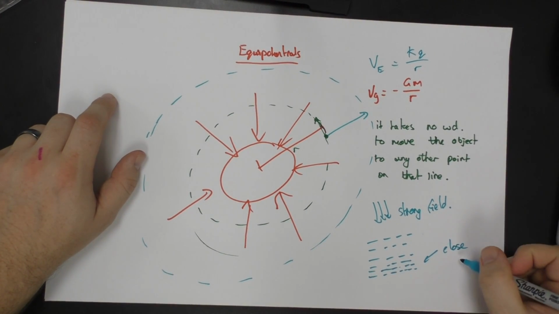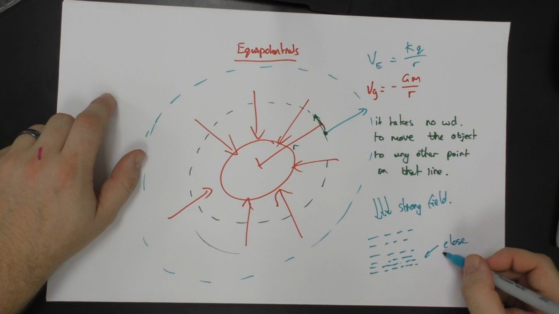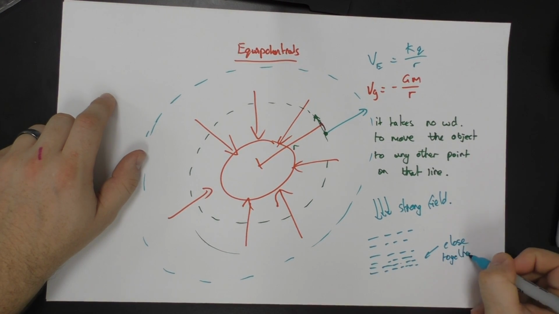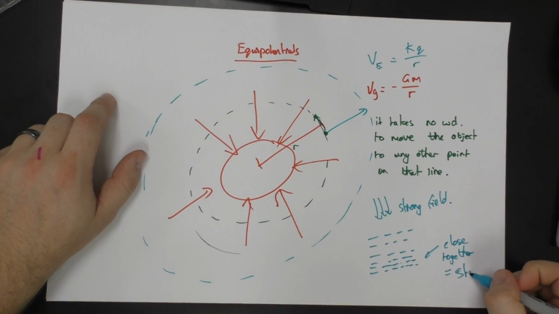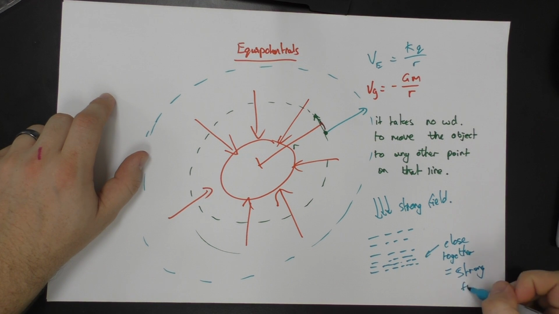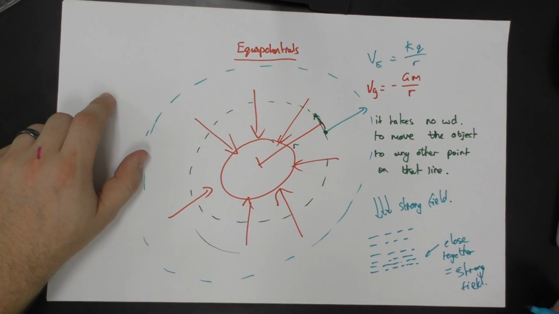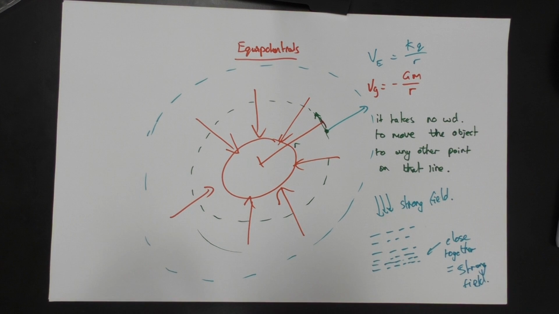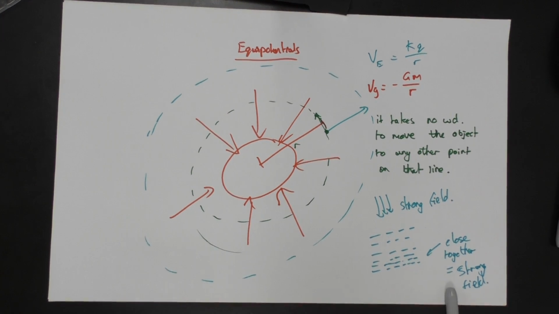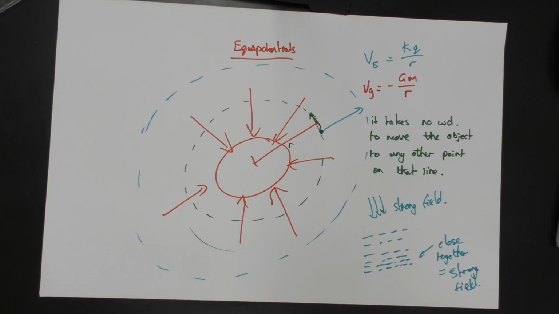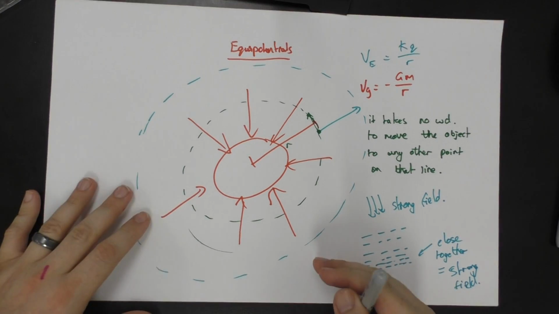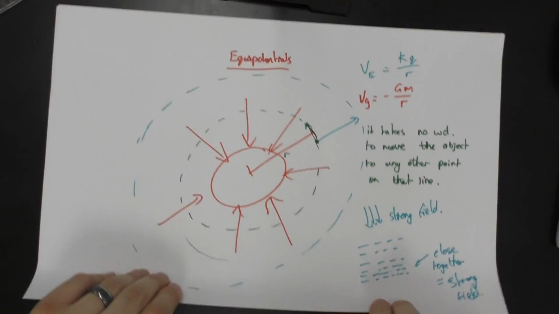Close together equipotential lines equals a strong field. So in terms of that field, it's useful to look at how we can relate field strength to potential, not just in calculations, but sometimes graphically as well.